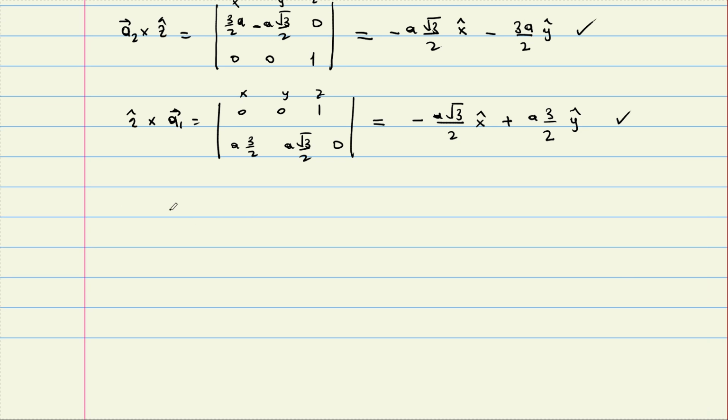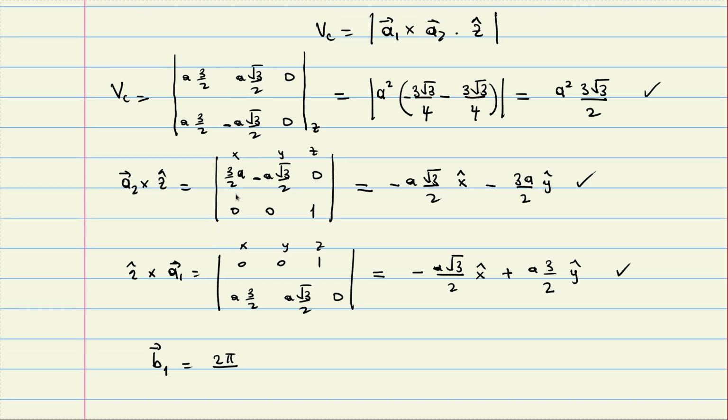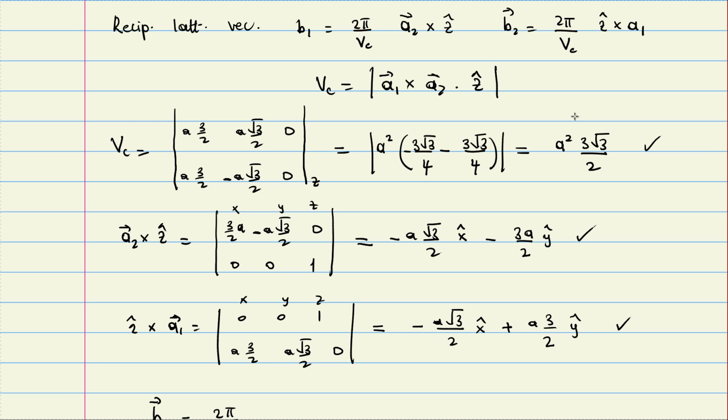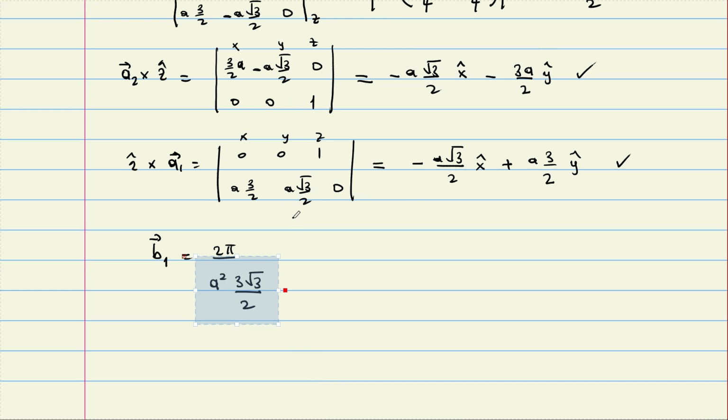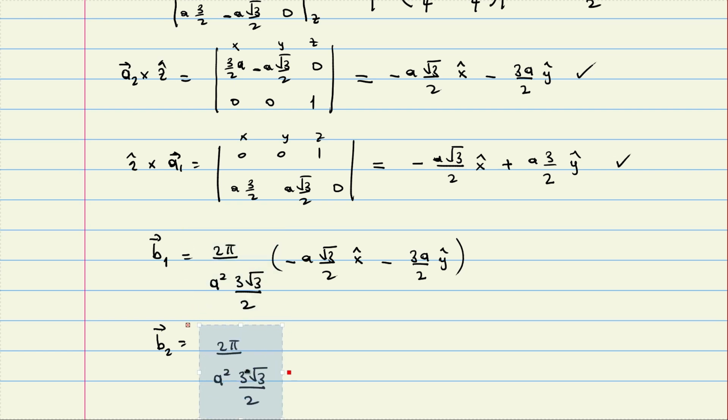Now I can put all of these in the definition. This is 2 pi over the unit cell size, this guy and this one, and B2 is going to be equal to exactly the same factor but this one.